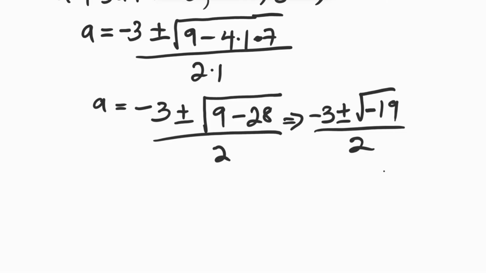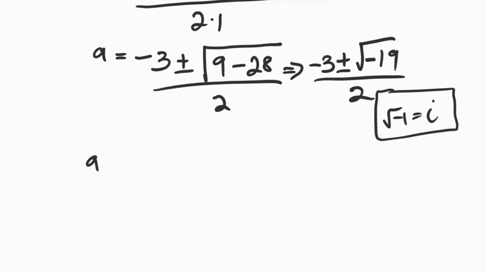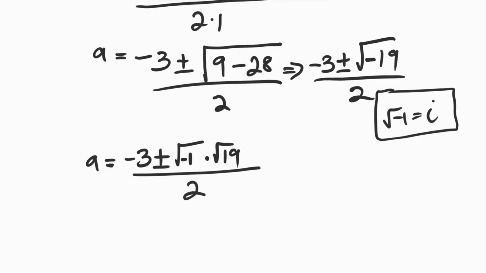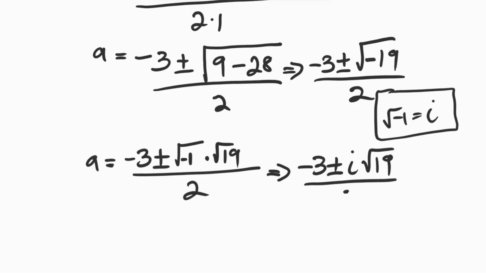All right, so we know that square root of minus 1 is equal to i, right? So going forward, a is equal to minus 3 plus or minus root of minus 1 times root of 19, divided by 2. So we have minus 3 plus or minus i root 19 divided by 2.